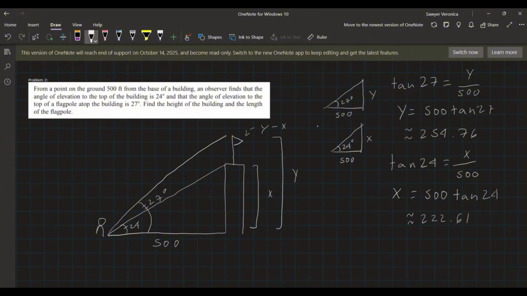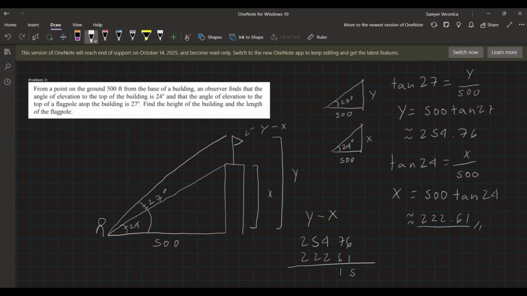So we are looking for the height of the building. The height of the building is equivalent to x, and that would be 222.61 feet. And the length of the flagpole is equivalent to y minus x. y is 254.76, and x is 222.61.